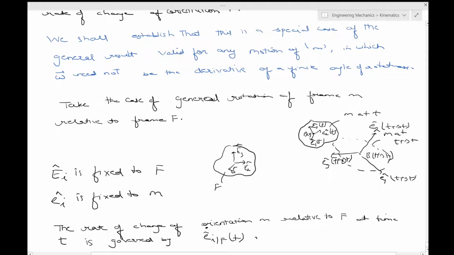Okay, that's the rate of change of orientation of M relative to F, because ei is fixed with M. So this time derivative with respect to F will give you the rate of orientation of the frame M.